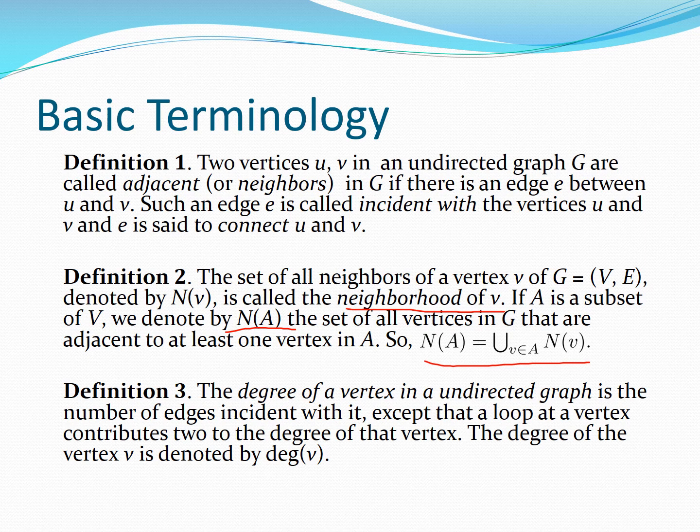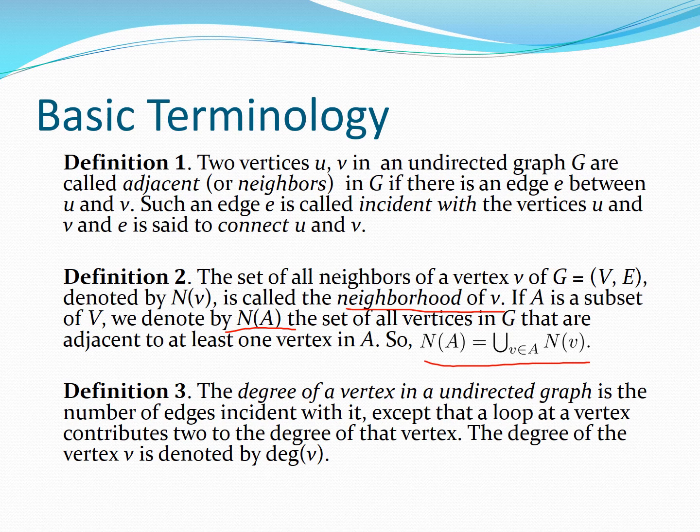All right, so the next definition here. What is the degree of a vertex? This is something very, very important, right? So the degree of a vertex in an undirected graph. We look at degree in a directed graph and all of these terminologies in a directed graph in a little bit, but here we are considering it in an undirected graph. So the degree of a vertex is the number of edges that are connected to that vertex.